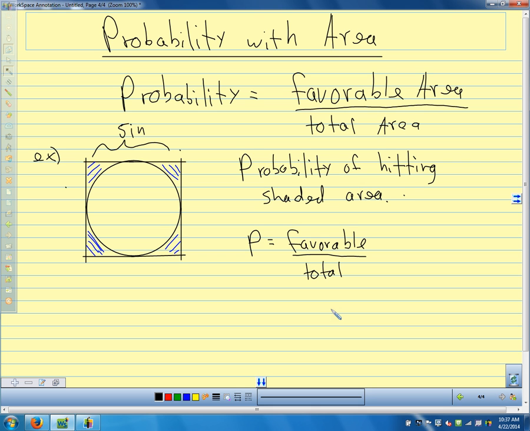How do we find our favorable area? The favorable area of these little corner pieces? We're going to take the entire area of the square and subtract the area of the circle. We're getting rid of the area of the circle, so all we'll be left with is the corners. So our favorable, I'm going to write that in symbols, is the square minus the circle.